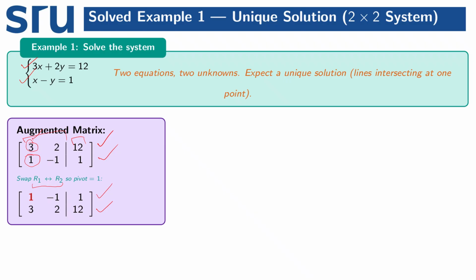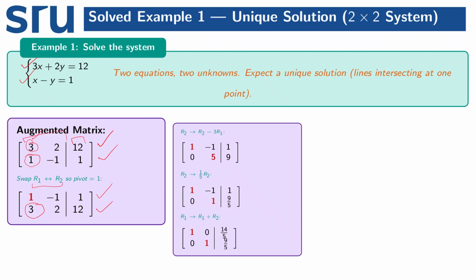Now our goal is to make this element 0. Which element? This 3 equal to 0 below the pivot entry. So we apply the operation R2 changed to R2 minus 3R1. How will you solve that?